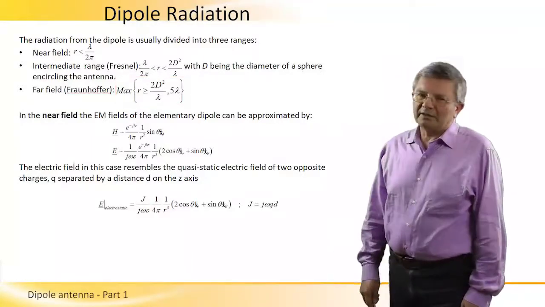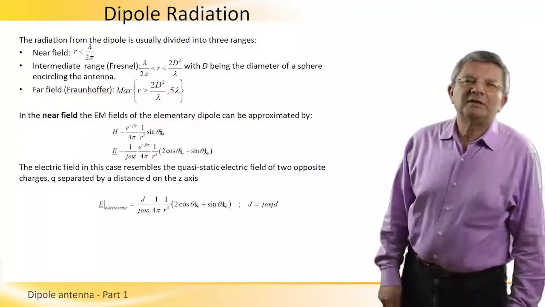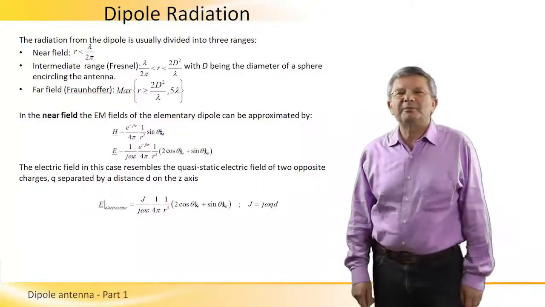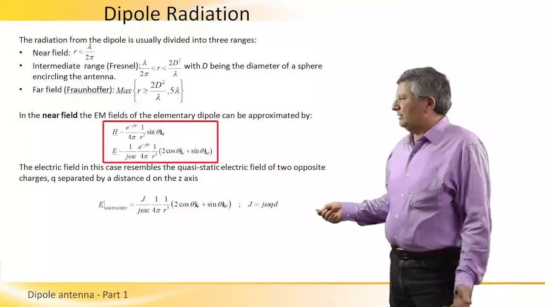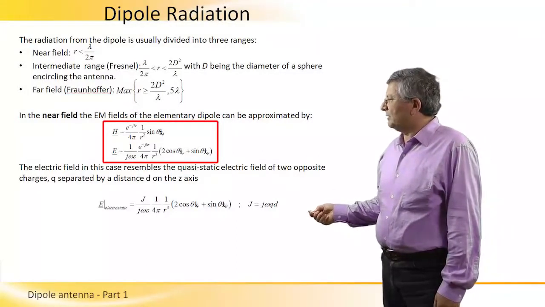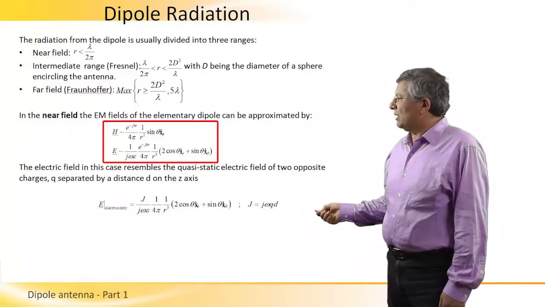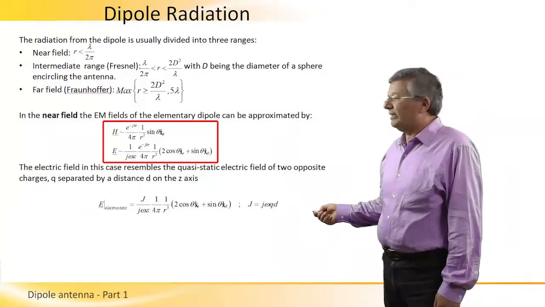In the near field, the electromagnetic fields of the elementary dipole can be approximated by this expression: the magnetic field is 1 over r squared times sine theta, and the electric field is 1 over r to the third power and has those two components.